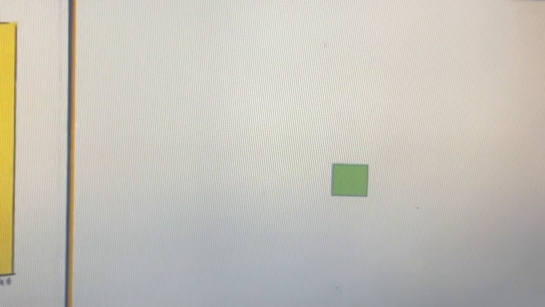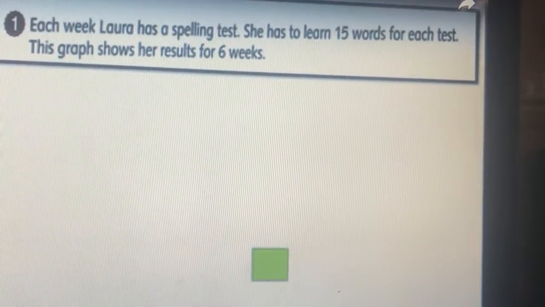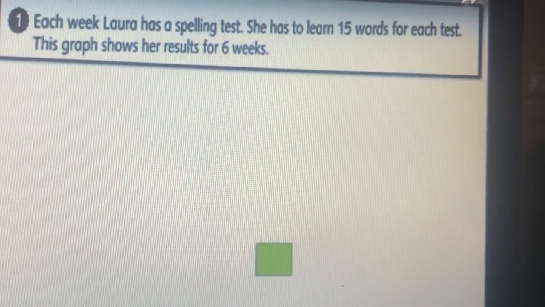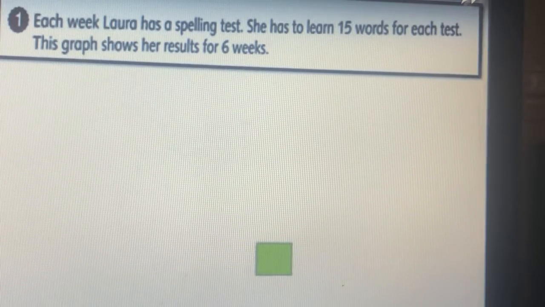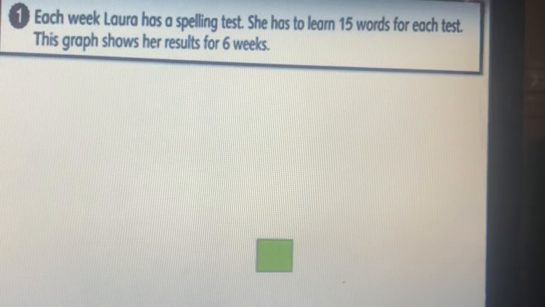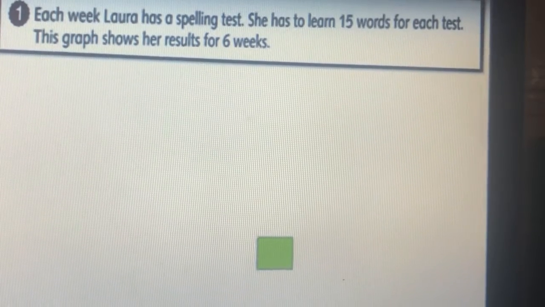Going to question 1 in our book, let's read carefully and find the answers. I have the graph here, and the first question says, each week Laura has a spelling test. She has to learn 15 words for each test. This graph shows her results for 6 weeks.